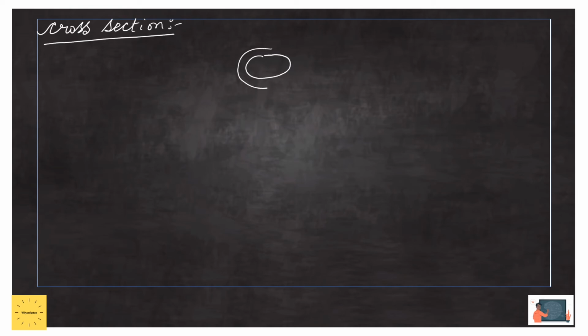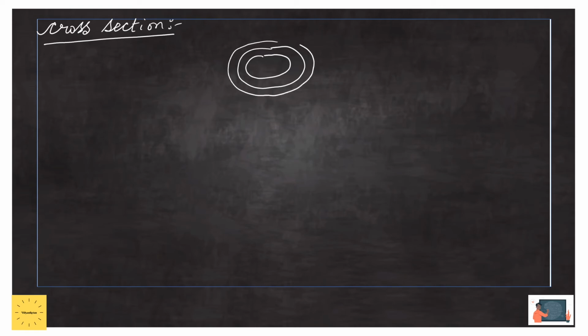Now, how can we get to know what kind of landform it is forming? For that, you have to know about cross section. Here, I am showing you how we can get to know what kind of landform this is.